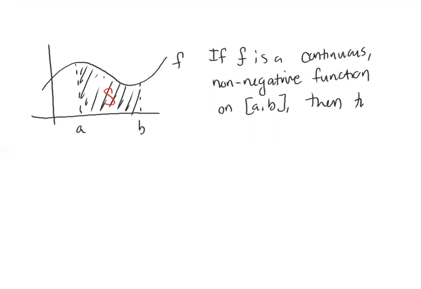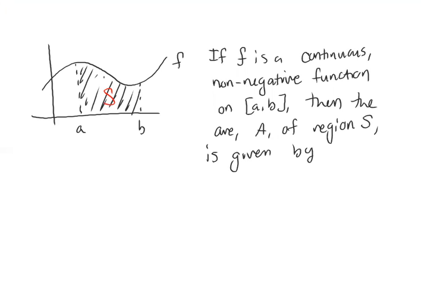The area, which we will call A of region S, is given by the following sum. It's given by the sum of the rectangles that we are using to approximate the area.